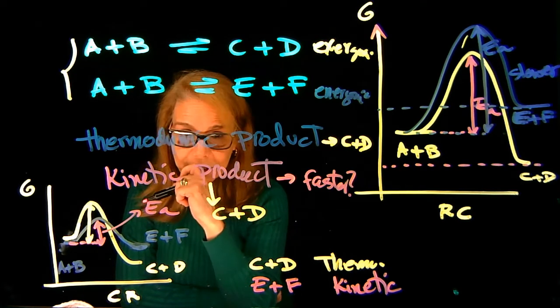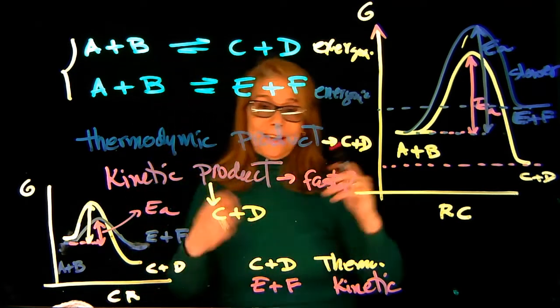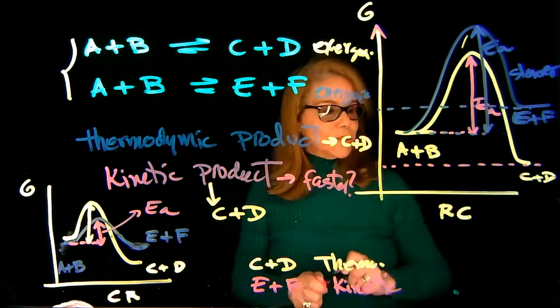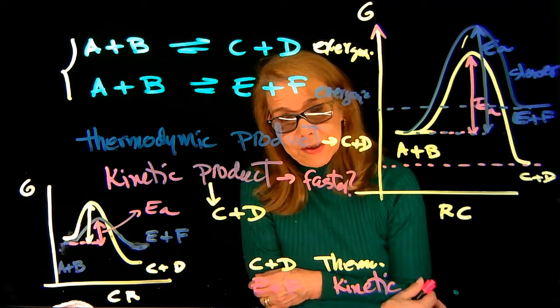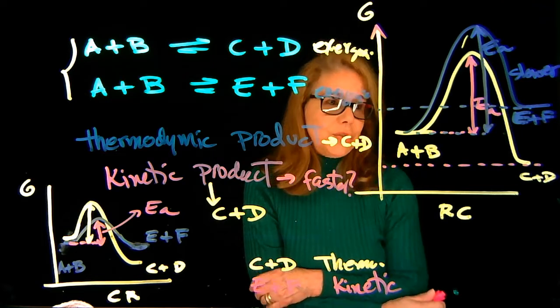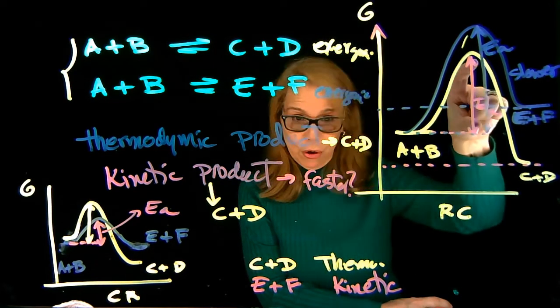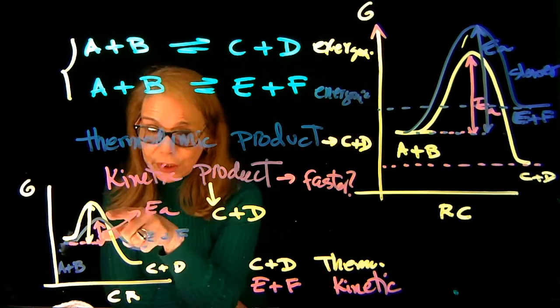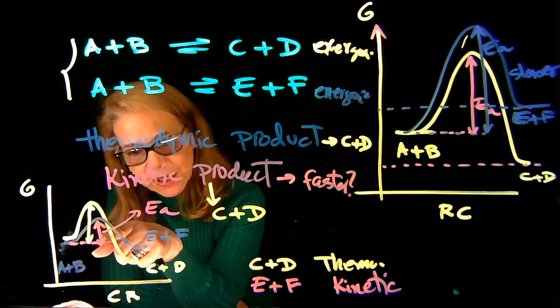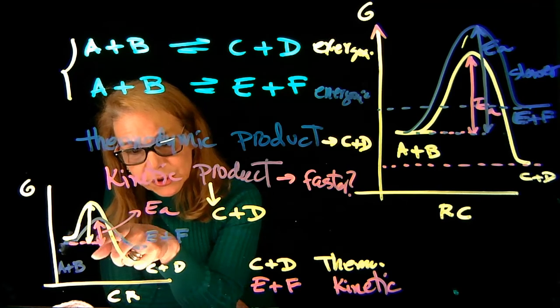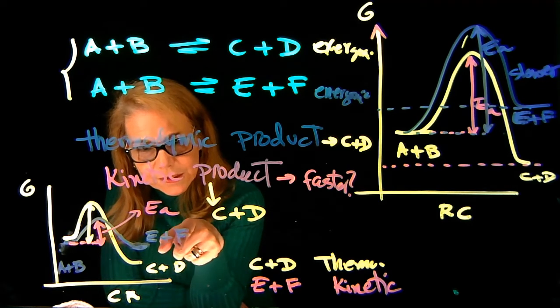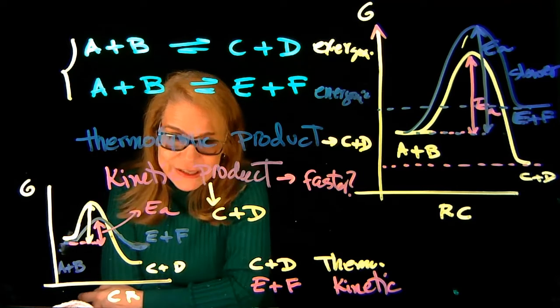But when we talk about kinetic product, it is the one that forms faster, so you're looking at which reaction has a lower energy of activation. In the first case, it was also CD, that's a smaller energy of activation. And when we're looking at this profile, actually, the energy of activation to form EF was smaller. So that was faster. That's your kinetic product.